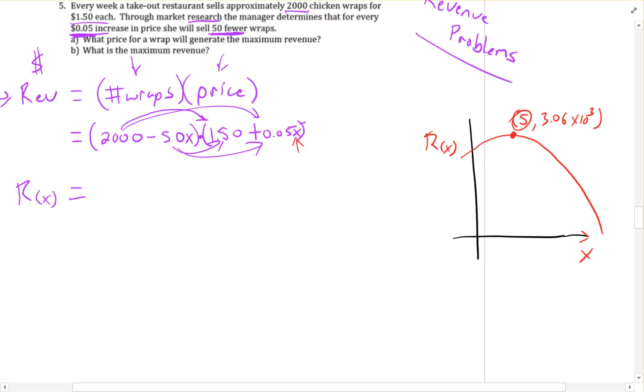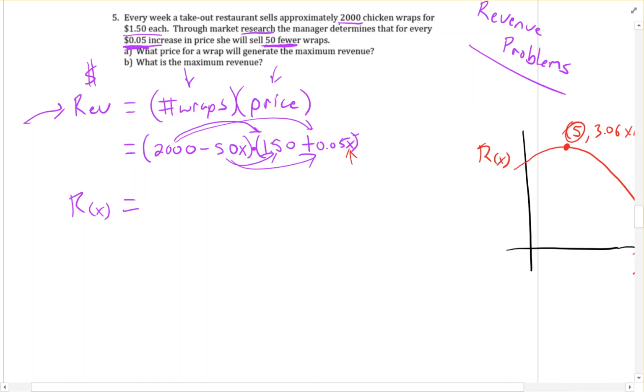All right, so now that we know that, let's look over here at A. It says, what price for a wrap will generate the maximum revenue? Well, remember, price for a wrap was 1.50 plus 0.05 times the number of changes. The number of changes was 5.